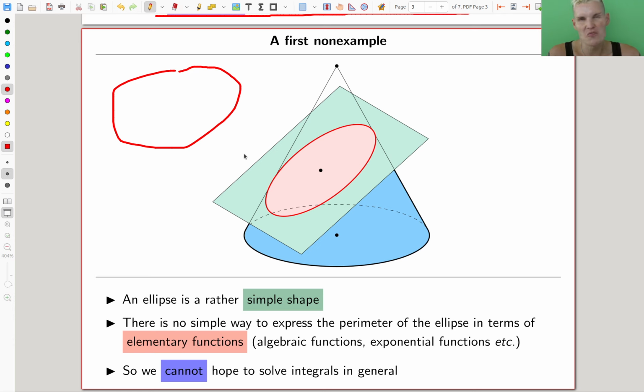There is no algebraic polynomial function for the circumference of an ellipse. So even in that simple example, you cannot solve the corresponding integral in a nice way. You usually cannot expect nice solutions to integrals.